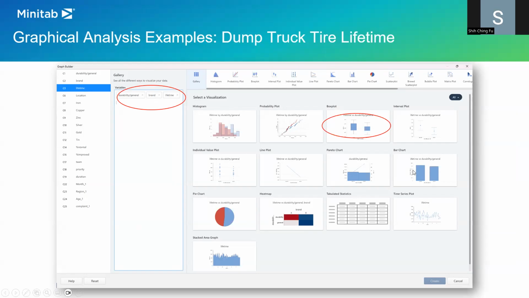If you want to try, just click on it and have a look to see if you're happy or not. In our case, I'm going to choose box plot.